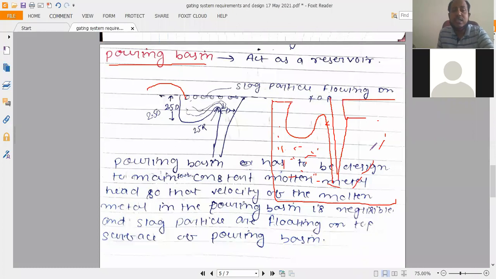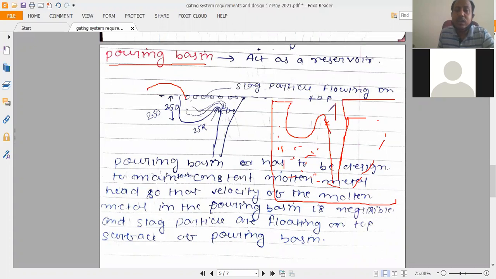The answer is that we can't pour directly into the sprue, because the area is first greater and then the area decreases.